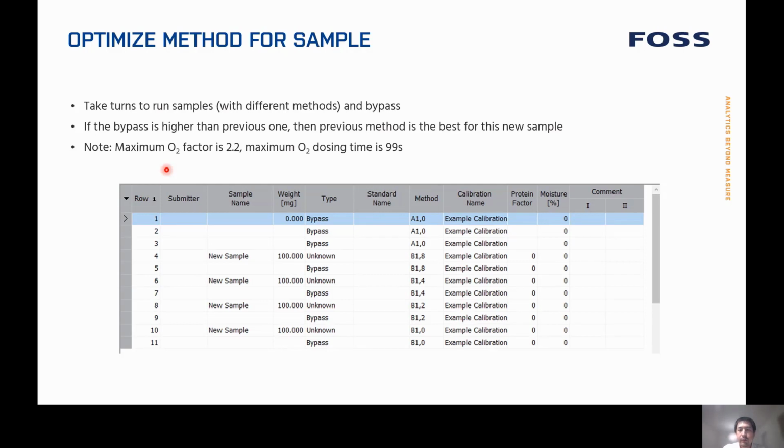This is the dosing time, and it should be less than 99 seconds. If it's longer, we will get an error message for oxygen dosing timeout. So you should ensure you have the right amount of sample to have the right amount of oxygen dosing. Otherwise, you may get an error message.